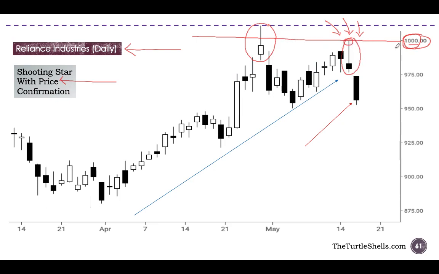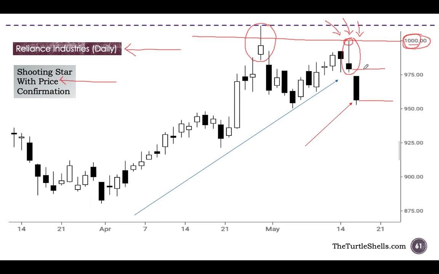One is the shooting star, second is the round number, third is the confirmation of the resistance created by this candle. So we don't need the price confirmation, but assuming these factors were not there, then we wait for a confirmation, and instead of taking an entry here, we take an entry here. Now the problem is you are selling short, you are taking a short position at a lower price, which is a disadvantage for us.